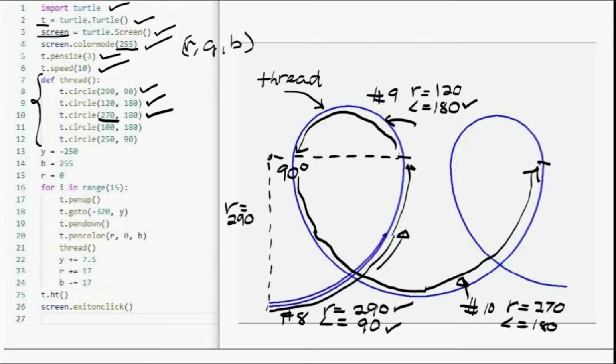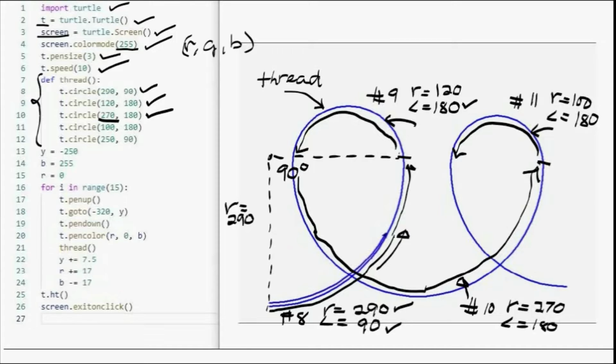And then we have another semicircle here from this point up to this point. This is from a smaller circle. This is from line number 11. Look, the radius is just 100, and then the angle, central angle over which we generate the arc is 180 degrees. This is another semicircle.